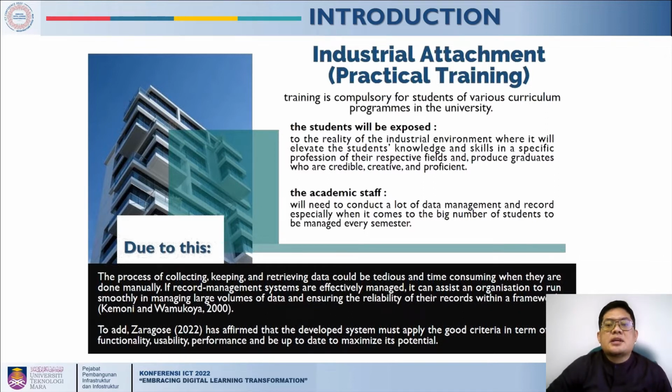In this case, we are going to look at the academic programs which offer students practical training. The students will be exposed to the reality of the industrial environment, the actual job setting, which will elevate the students' knowledge and skills in the specific professions of their respective fields, and produce graduates who are credible, creative, and proficient.